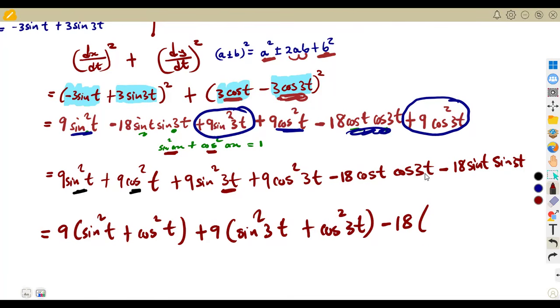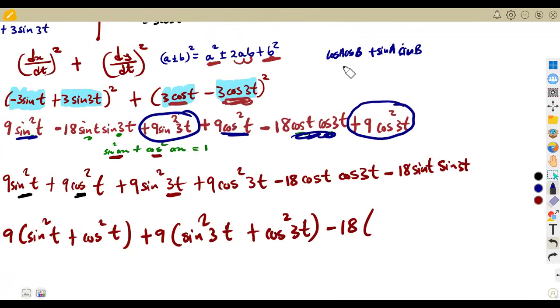We can write this because t is smaller than 3t. 3t is bigger than t. So instead of having confusion, start with 3t. So what's going to happen is that it will be cos A cos B plus sine A sine B. Remember, where was this identity taken?